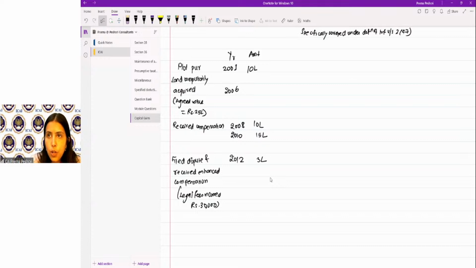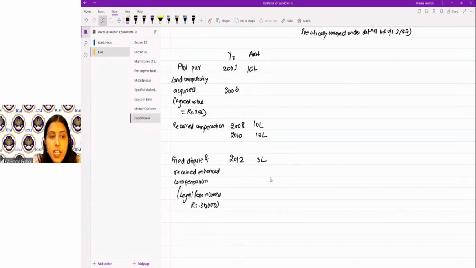So what does 45(5) provide? 45(5) is providing that in case where there is a compulsory acquisition of the land, the capital gain will be chargeable in which particular year? Will it be chargeable in 2006 or in 2008?